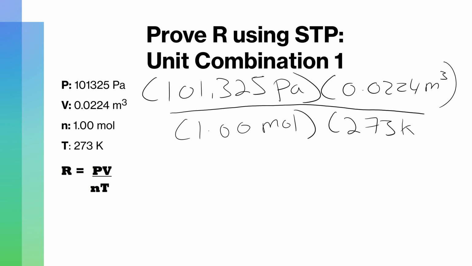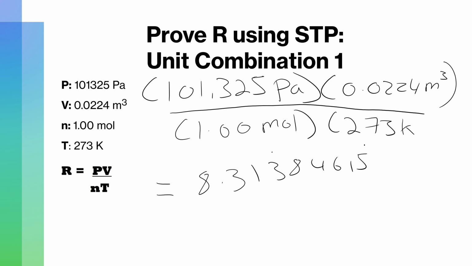Now, if you put that in a calculator, the answer you get would be something along the lines of 8.31384615, and the 384615 would be recurring, so it would go on and on.